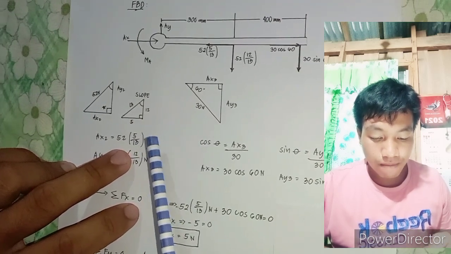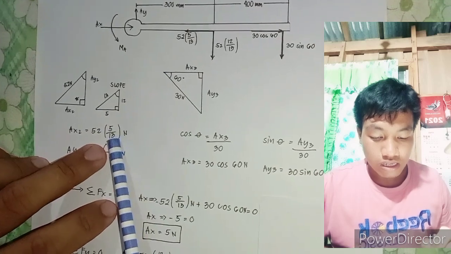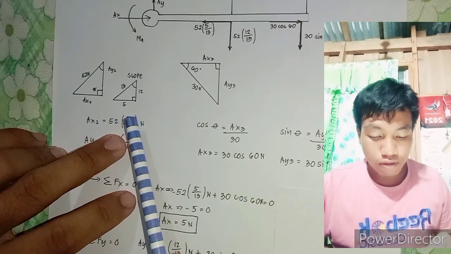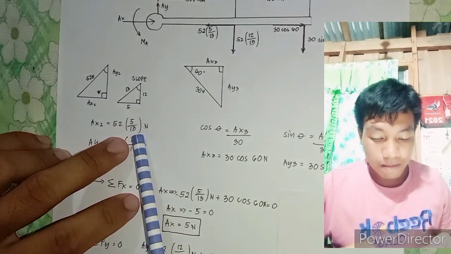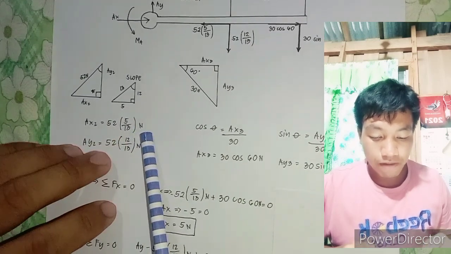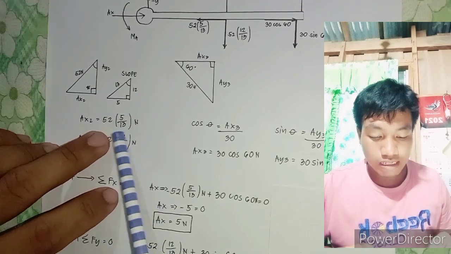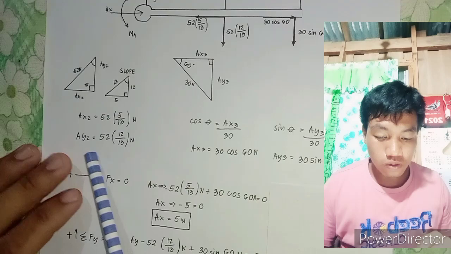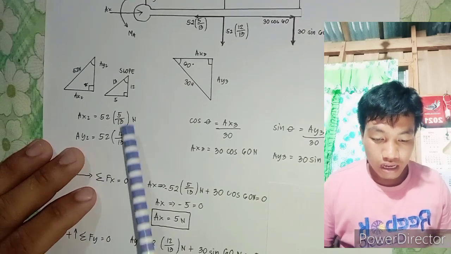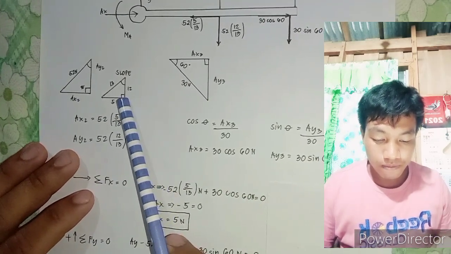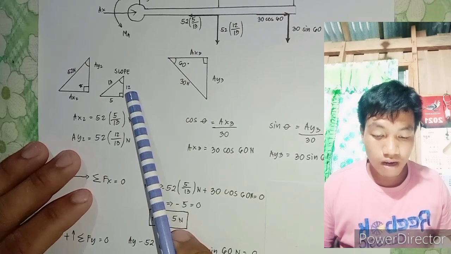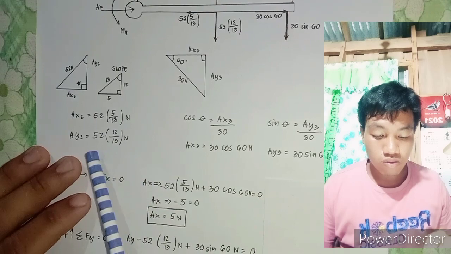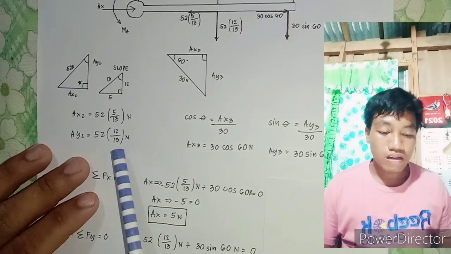Sine is opposite over hypotenuse, so AX2 is 52 times 5 over 13 Newton. Getting AY2, our AY2 is 12 over the hypotenuse of 13, so 52 times 12 over 13 Newton.